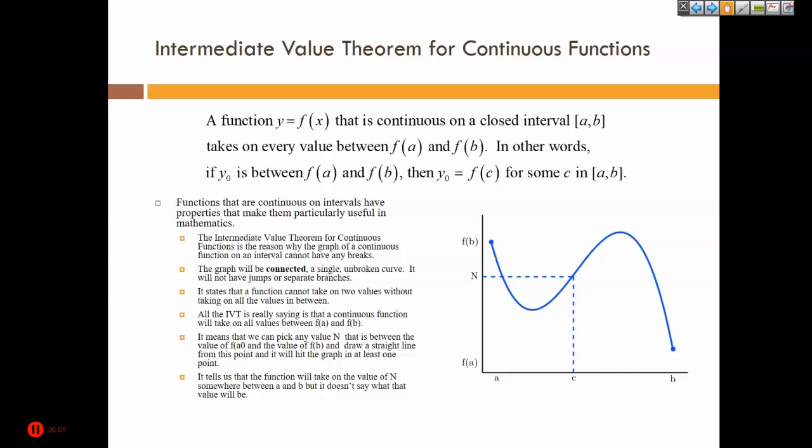So a function that is continuous on a closed interval is guaranteed every value from f of a to f of b. In layman's terms, if y naught is between f of a and f of b, then y naught equals f of c for some c in [a, b] must exist.